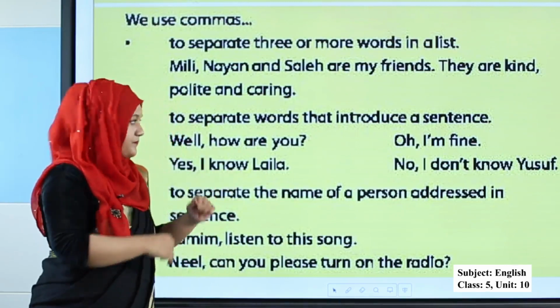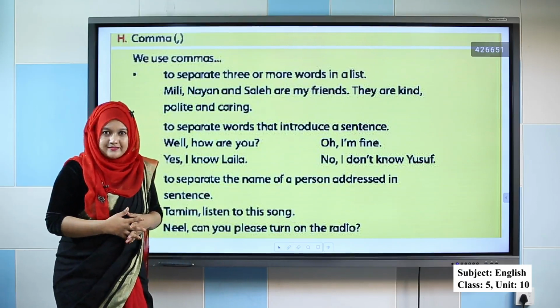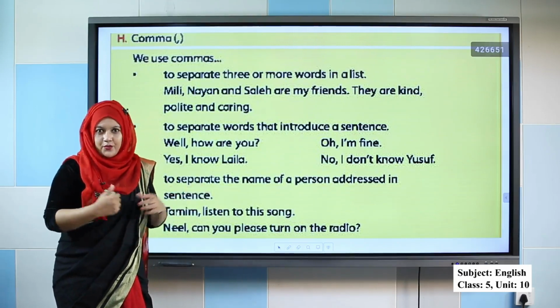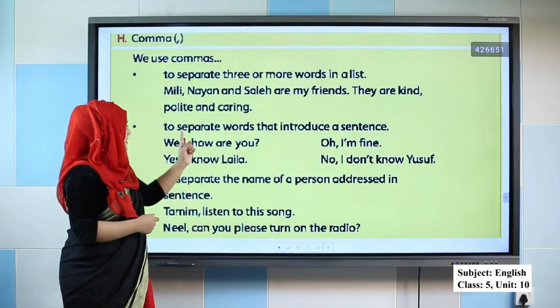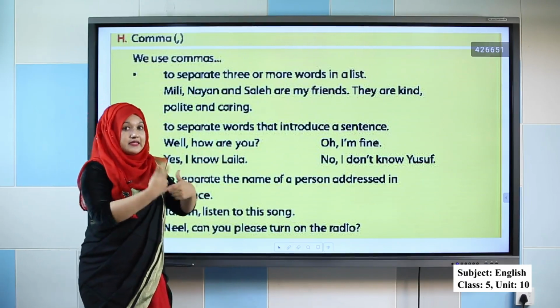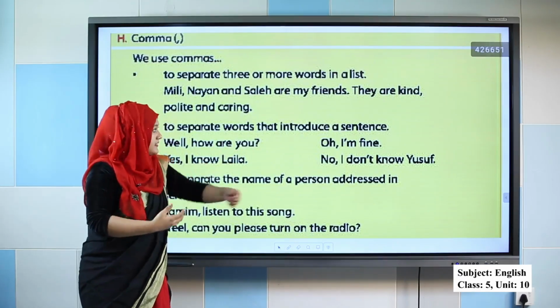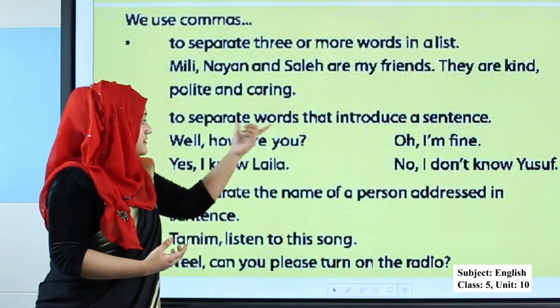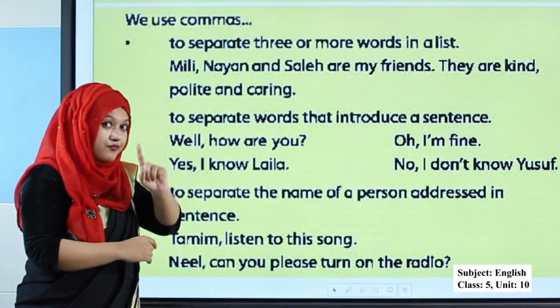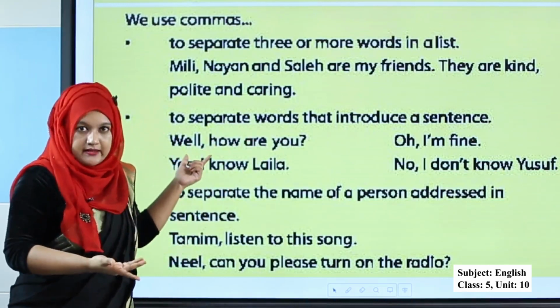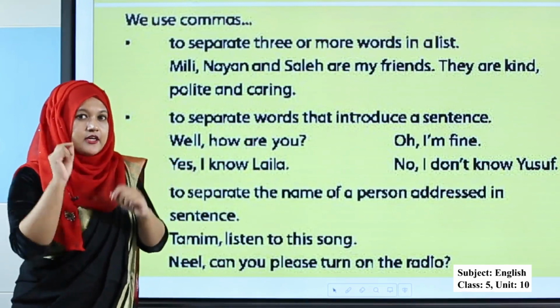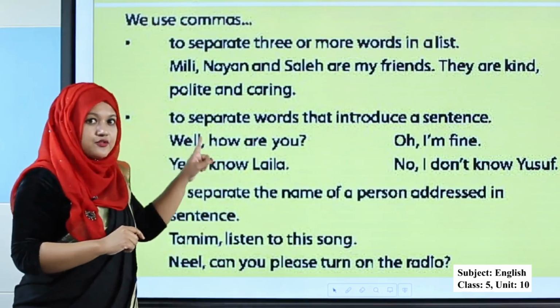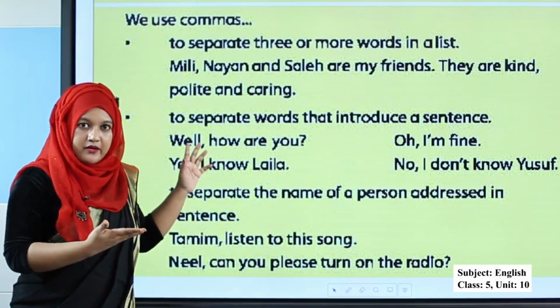Okay, let's see. Well, how are you? Then, how are you? The sentence is just initiated. It is the sentence we need to separate from the word well. So, we need to use comma after the word well. Okay?